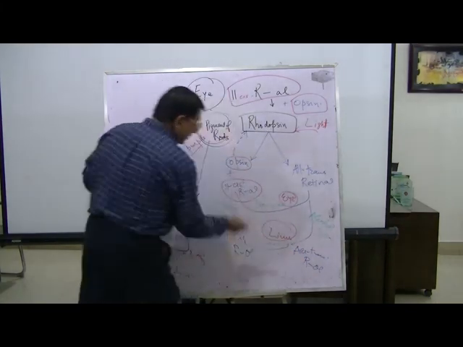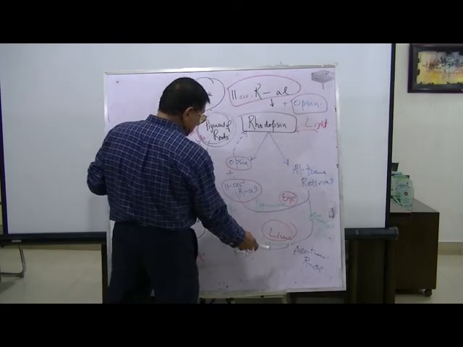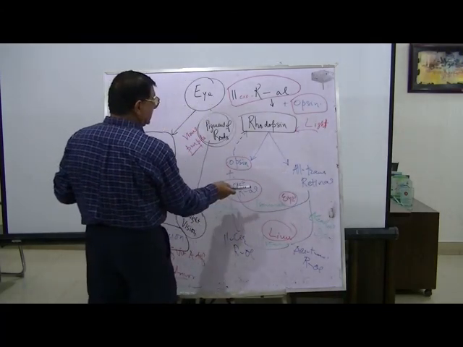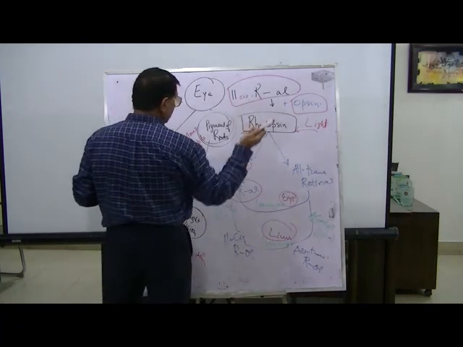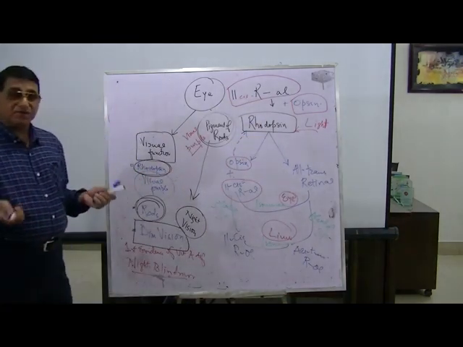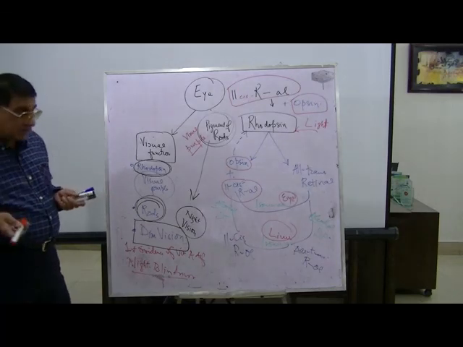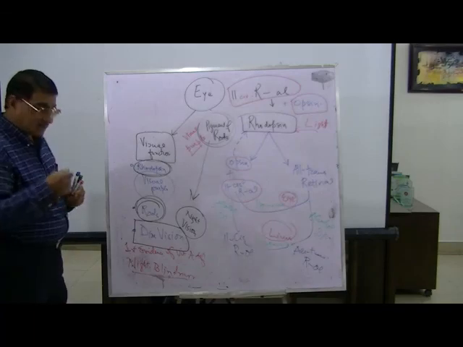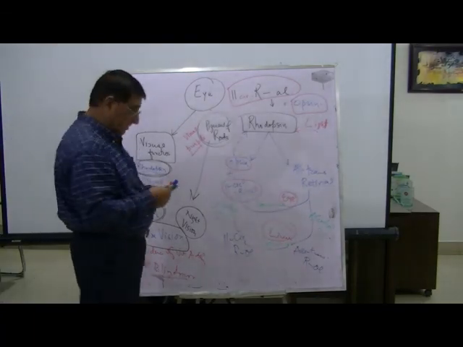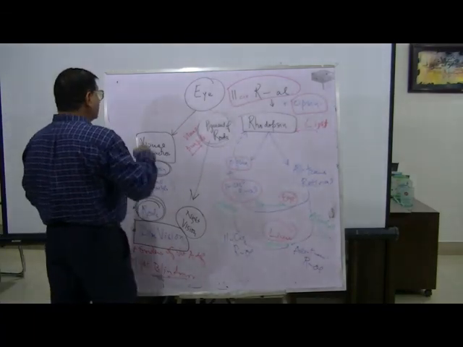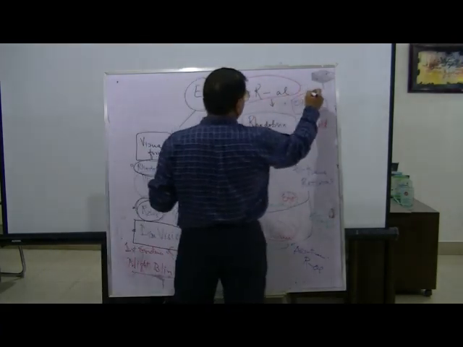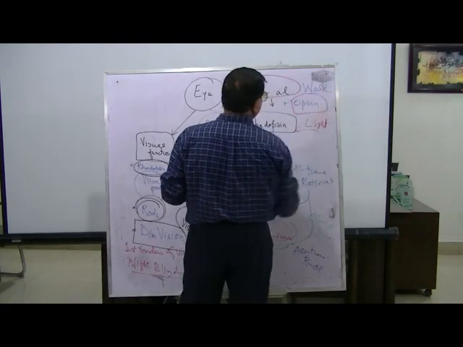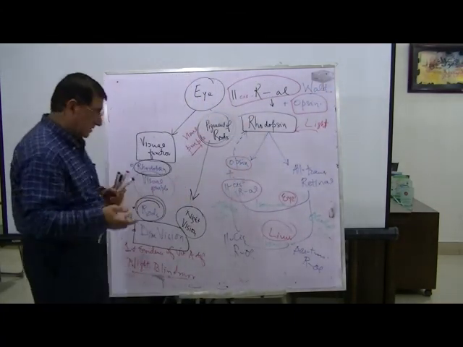Again, under isomerase, it is converted to 11-cis retinol, which combines with opsin to form rhodopsin. So this is the visual cycle called Wald's cycle, the rhodopsin cycle, Wald visual cycle, W-A-L-D.